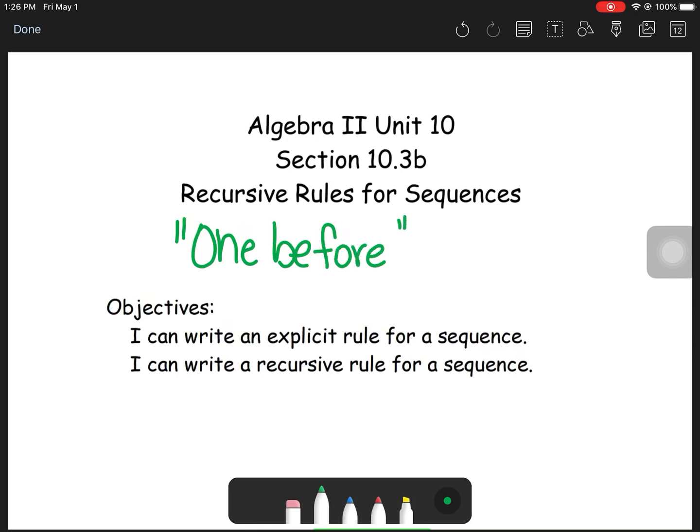So it's what comes before. In other words, it means to reverse, go backwards. Okay, so these rules are very easy, very straightforward, but they must be exact.